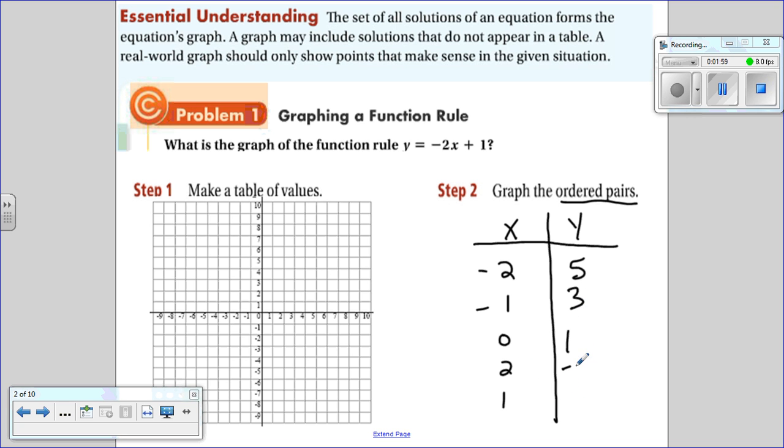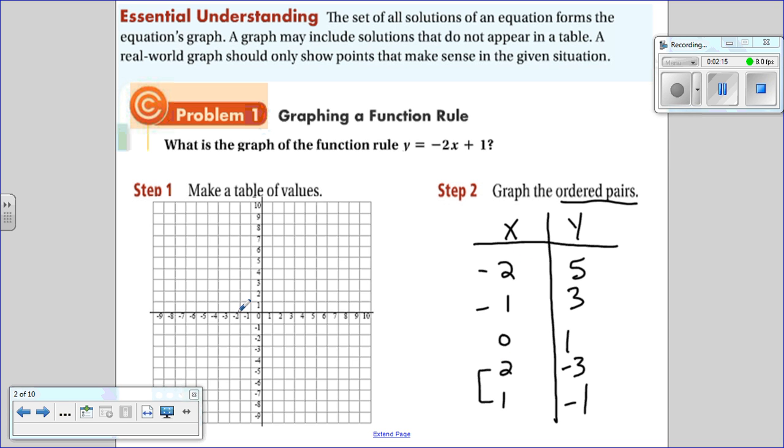Oh, I did these out of order, but that's all right. -2 times 1, -2, plus 1, -1. So it doesn't matter that I did these out of order. I really did screw that up by accident. I'm sorry about that, but it doesn't matter.